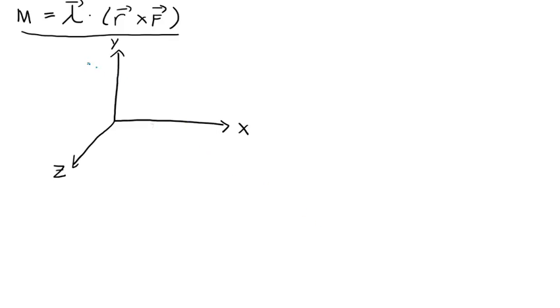So let's say I have an axis here, with this point C, and let's say C has coordinates negative 2 meters, comma, 1 meter, comma, negative 1 meter. This is a coordinate, not a vector.